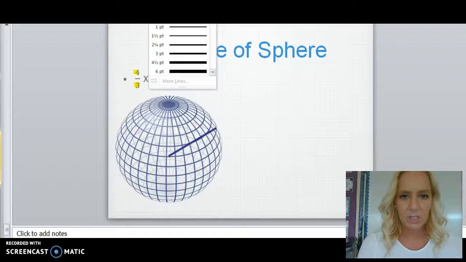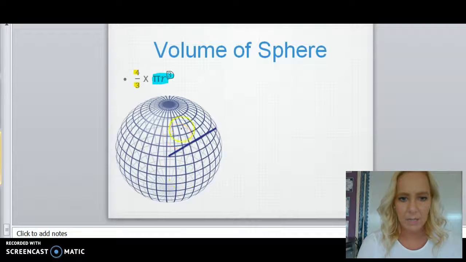So I'm going to give this sphere a radius of 4 centimeters. To calculate the volume of the sphere, let's take 4/3 times pi r to the 3rd power.